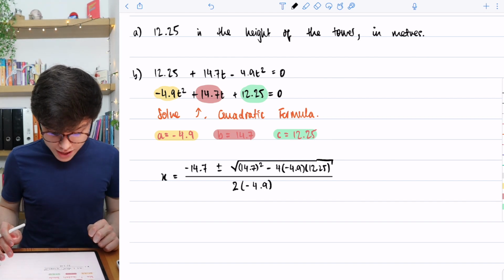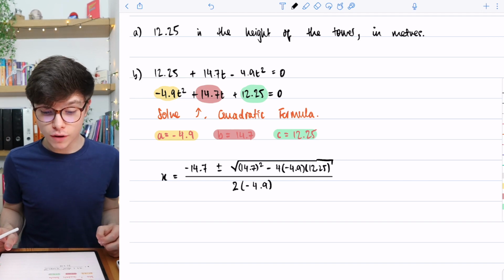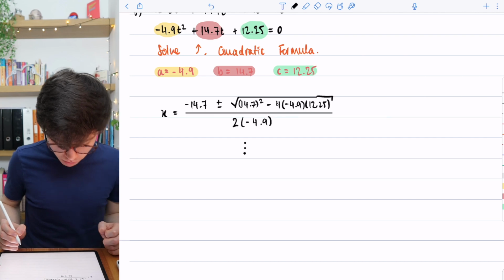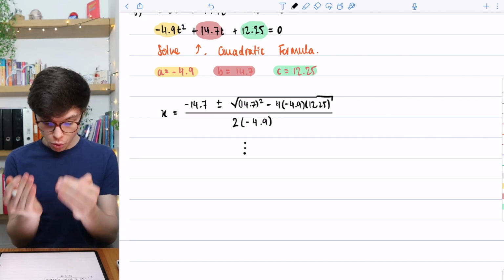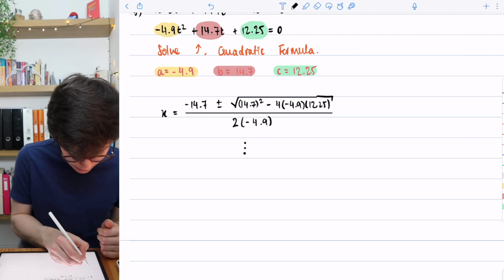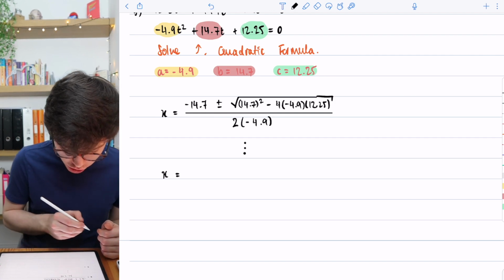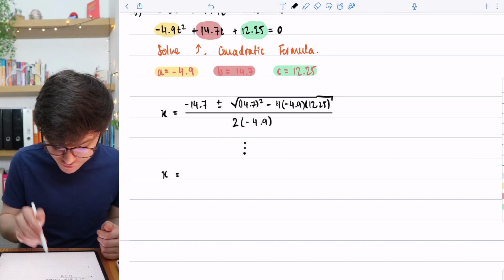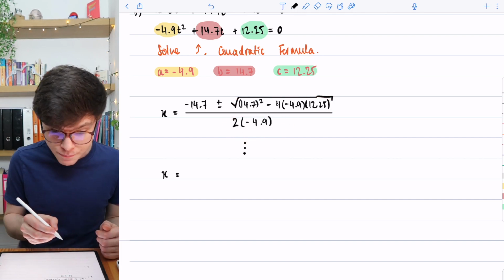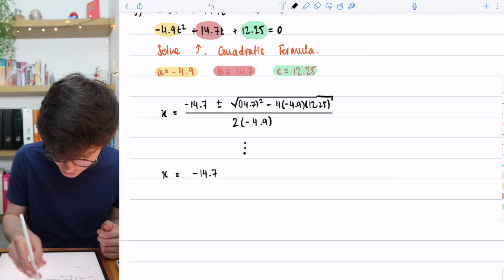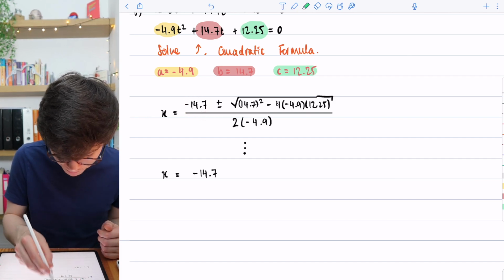Then all we need to do now is play a game of simplification. I'm going to put ... here because I'm going to jump a few steps. You can work that out if you want to, but I'm going to jump straight to what we get, and I'm going to take this from the solution. Once we simplify under the square root and simplify our denominator, we get minus 14.7 from the term out the front.